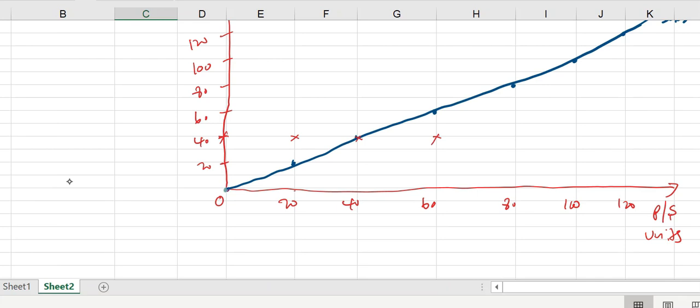Regardless of the production, your fixed cost is going to be fixed. 80,000, 40 million, 100,000, 40 million, 120,000, 40 million. So if you join this, it will be a straight line. This is your fixed cost line.